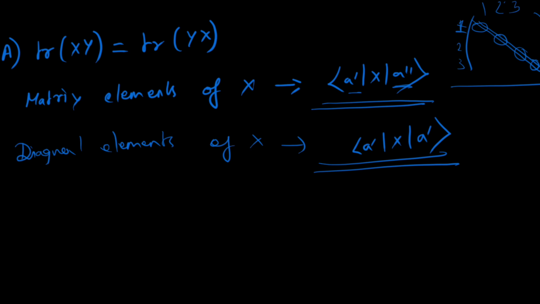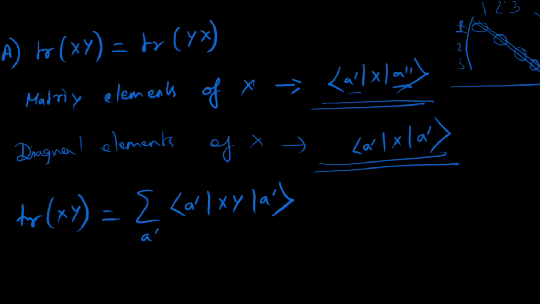So we can write the trace of xy, since trace is just the sum of the diagonal elements, as the sum over a prime of a prime, xy, a prime, which we can further write as the sum over a prime of a prime, x, identity, y, a prime.